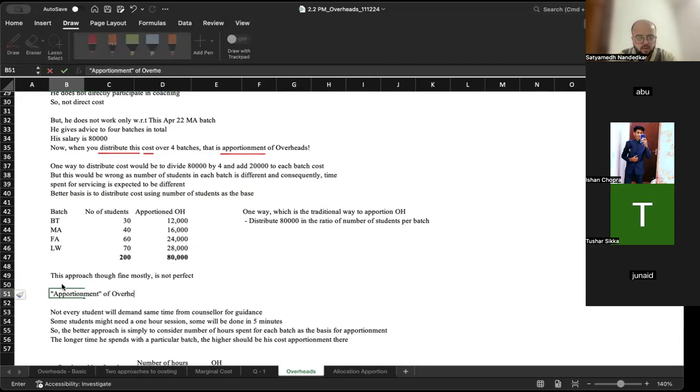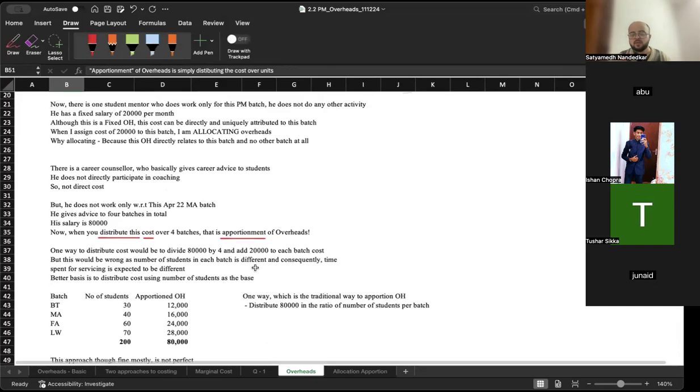Apportionment of overheads is simply distributing the cost over a number of units. You have the total cost, you are spreading it out over different units. That is apportionment.